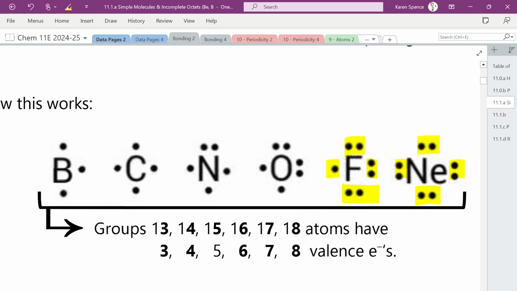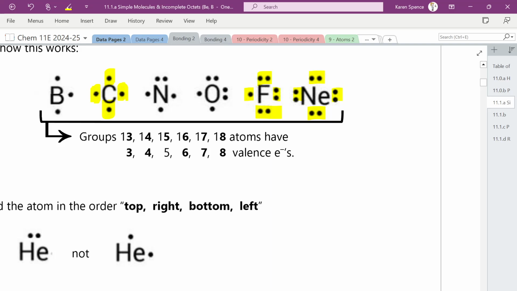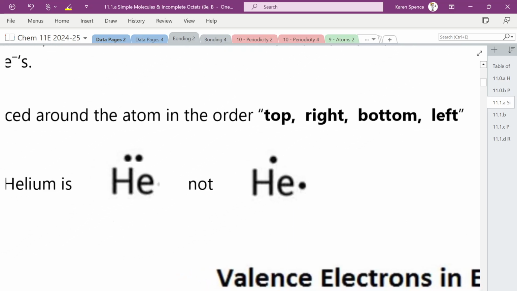Should you ever have more than 2 electrons on a side? No. Should you ever pair up electrons before you have to? Say here, should you have paired electrons in carbon? No. The only exception to that is helium.